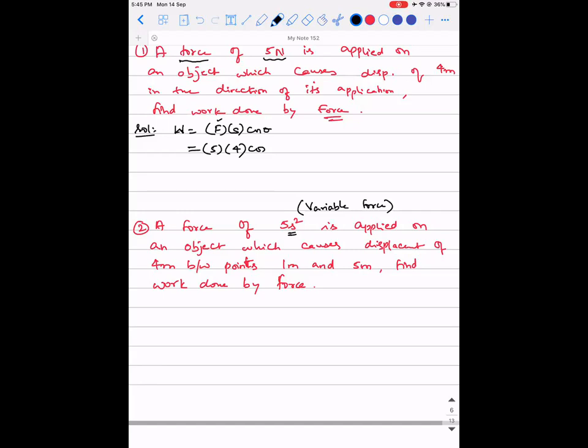Yes. 0 degrees, sir. How did you get that 0 degree? Since the keyword in the question is in the direction of its application. In the direction means 0 degrees. So it is going to be 20. I hope you guys understood. This is the final answer.